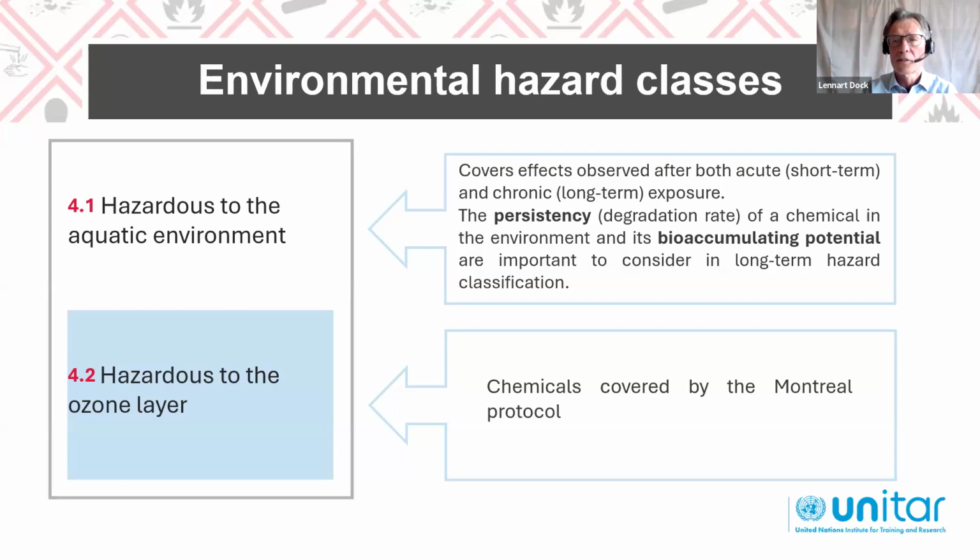So there are discussions ongoing in the subcommittee now to revise this chapter on environmental hazard classes, to have a class hazardous to the atmosphere, which is an interesting discussion, of course, because then it can bring in the greenhouse gases also. But that's ongoing. So presently, the 10th revision of the GHS, as Lisa mentioned, is the most recent one. It was adopted in 2022 and published last year.